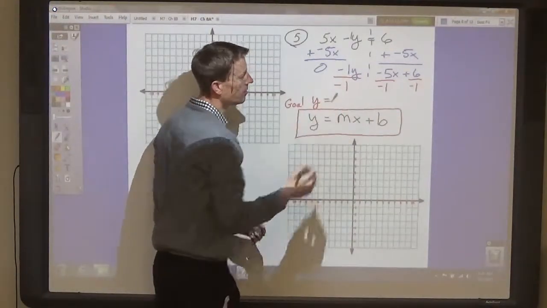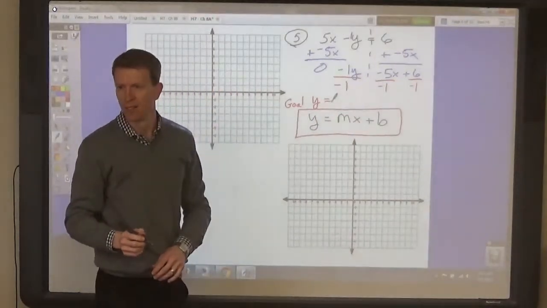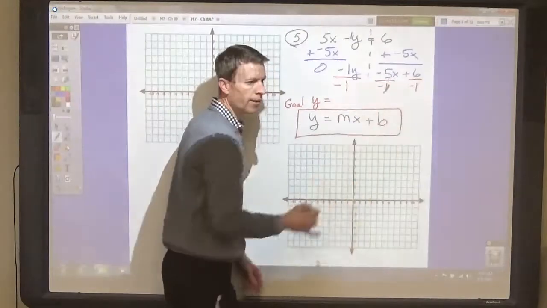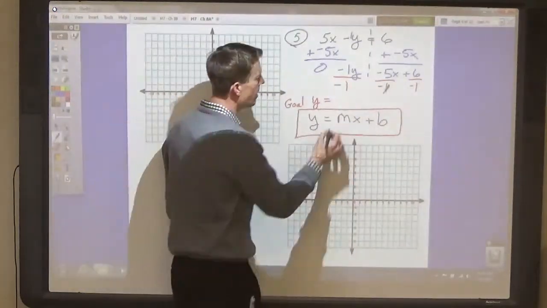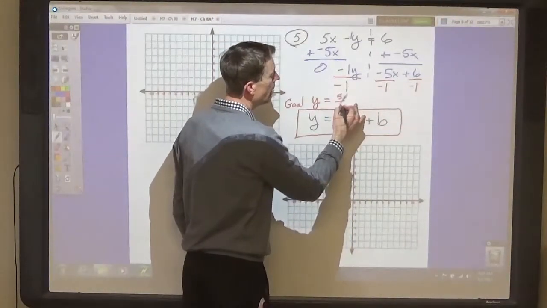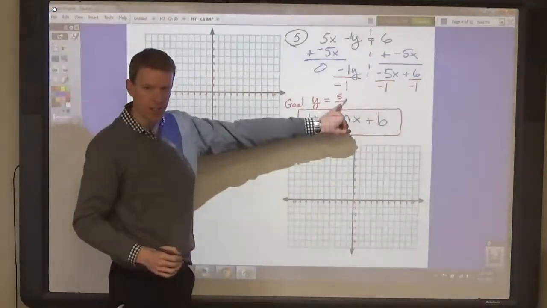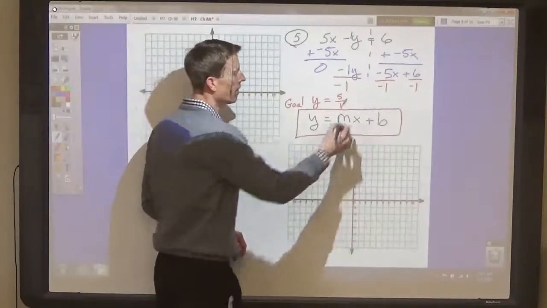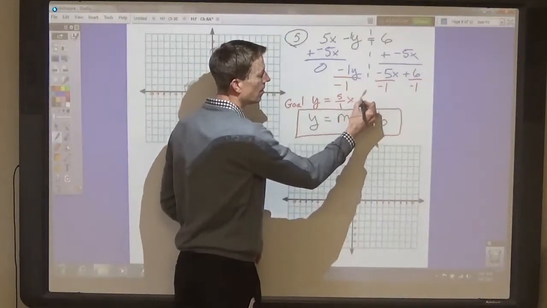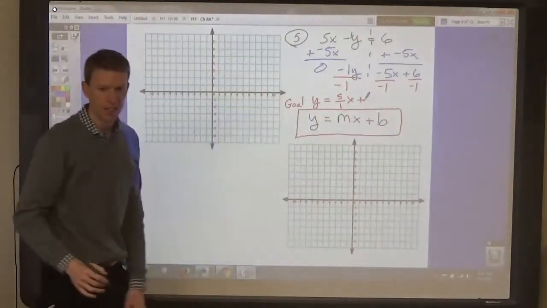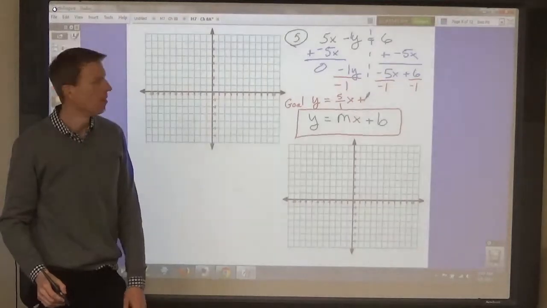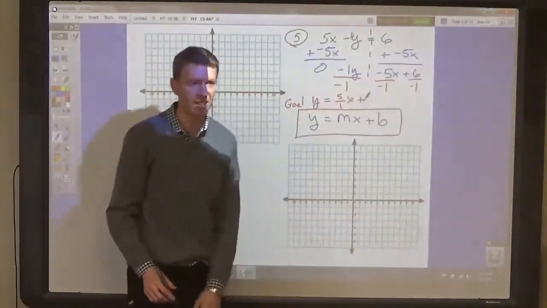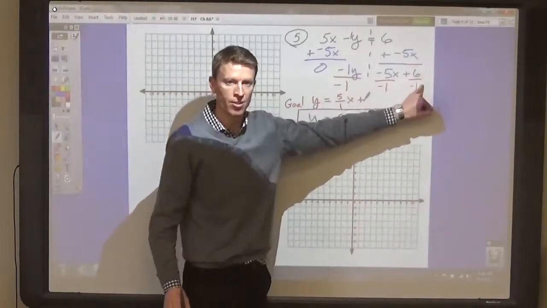Y equals negative over negative is positive. We're going to leave this as a fraction, okay? 5 over 1 x plus, we do not leave this one as a fraction because this is going to be our y-intercept, okay?